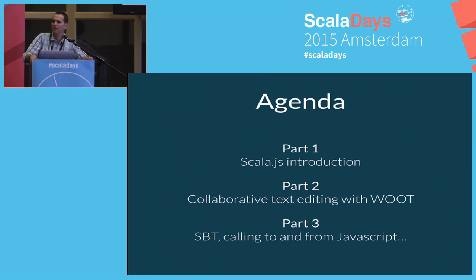In particular, as you would have seen in the title, we're talking about CRDTs. It's a particular type of data and algorithm, and we'll get into that in part 2, but the specific algorithm is called Woot. The biggest section, though, is where we're looking at the mechanics of this, how you structure an SBT project and how this all works out in code.